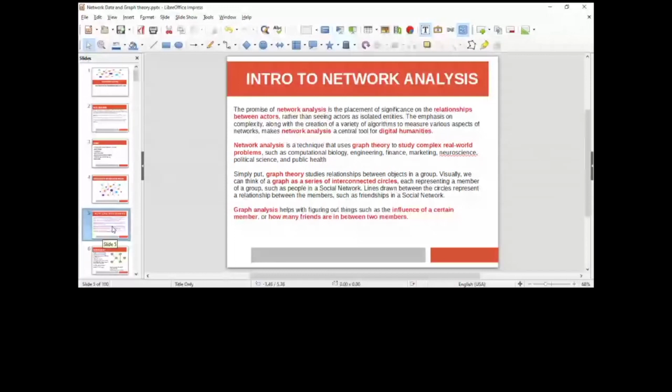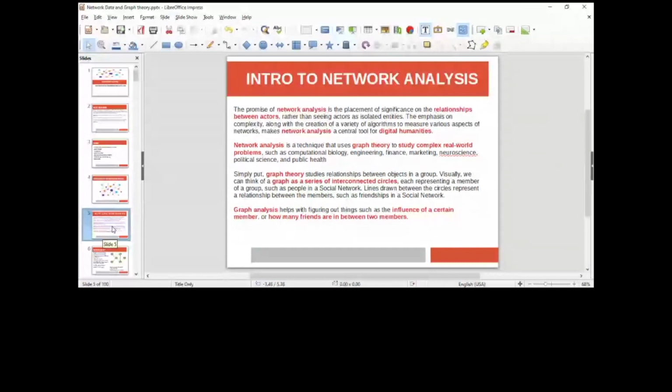So humans generate data, and it is key that we do network data analysis to understand the complexities of humanity. That's what we are all going to talk about. Network analysis is a technique that uses graph theory. If you don't know about graph theory, you need to read it up, but I'm going to talk about it in a few seconds.